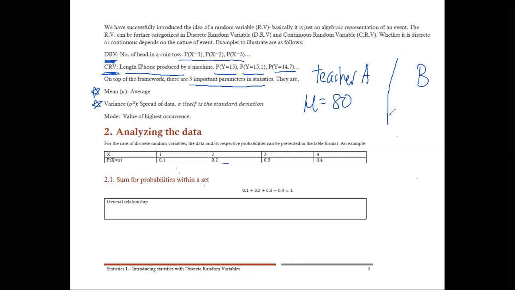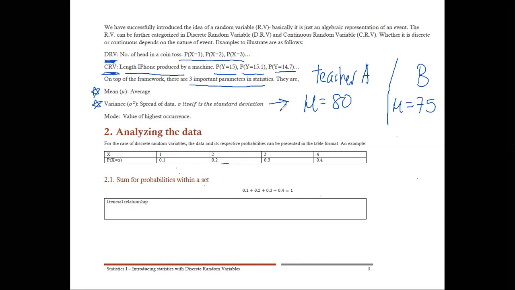Teacher B claims that the average mark is 75 for his class. But is this average value alone able to tell us how well their students perform? Can I just based on this value alone say that teacher A students are better than teacher B students? The simple answer to this is no.